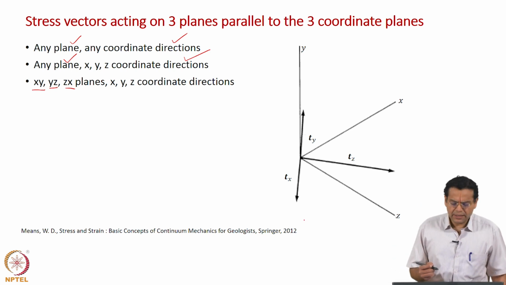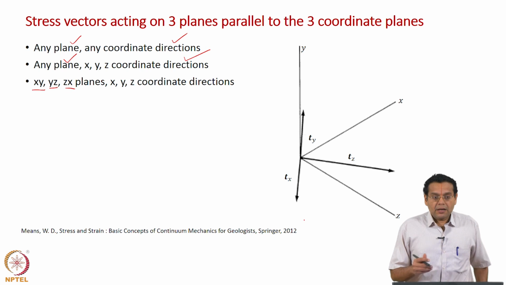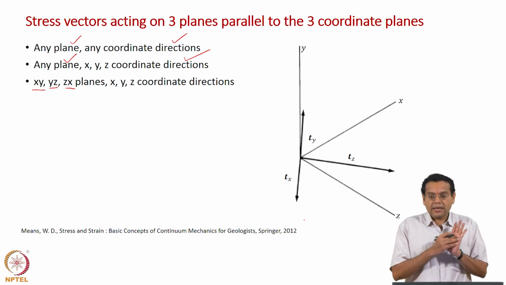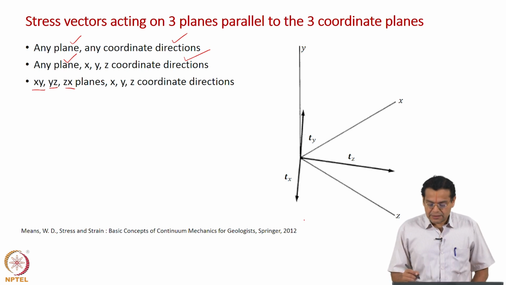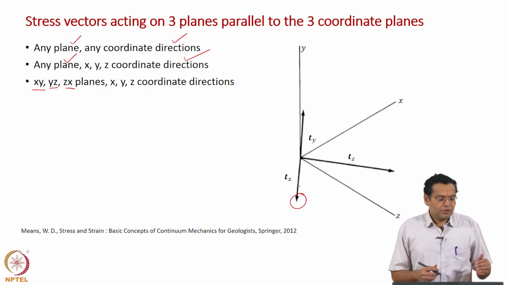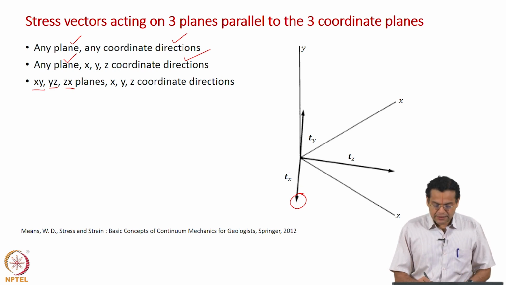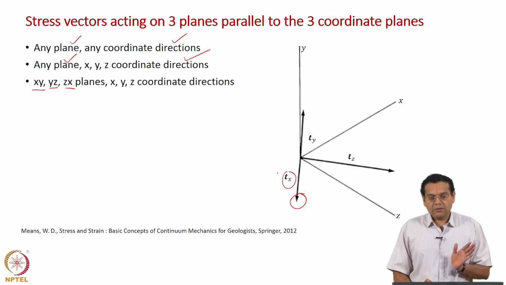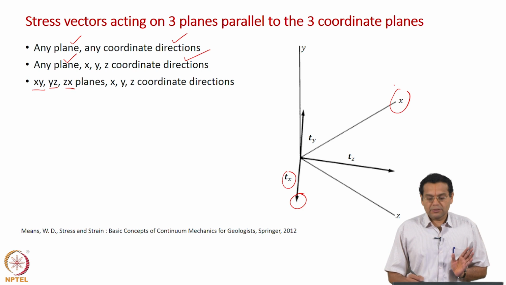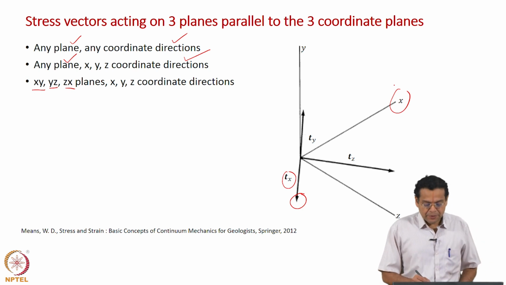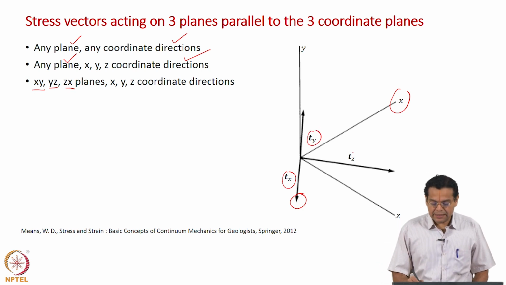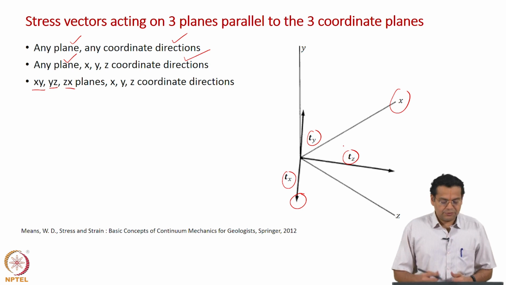What is now shown here? Stress vector not acting on our n plane, it is stress vectors acting on the x y, y z, z x planes, but we do not call them that, we call in terms of the normal. That is why we denote it as stress vector acting on x plane. What is x plane? x plane is one for which x axis is normal. So, in this case it is something like this. Okay. So, T x, T y, T z, of course I will discuss more on this in future slides.